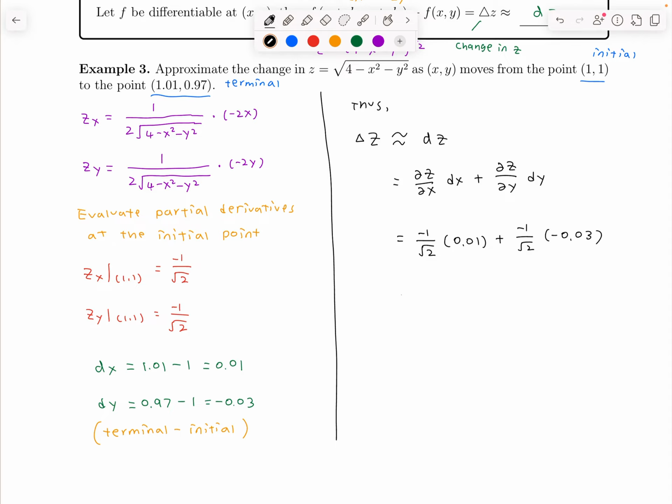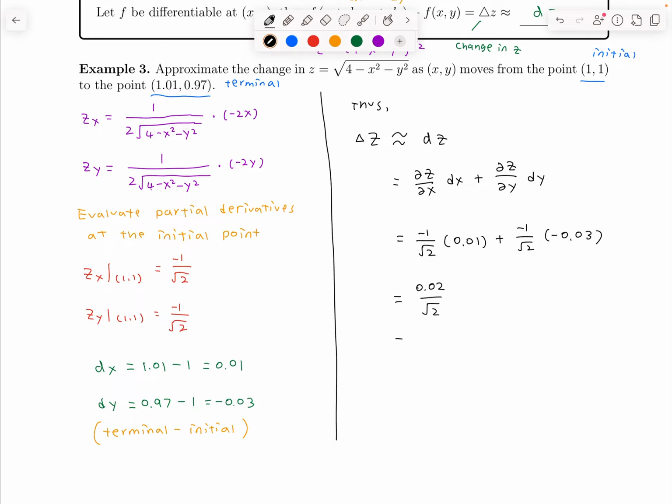Now you can try to combine these two because they have the same denominator. So that should be a positive 0.03 minus 0.01. So that should be a 0.02.